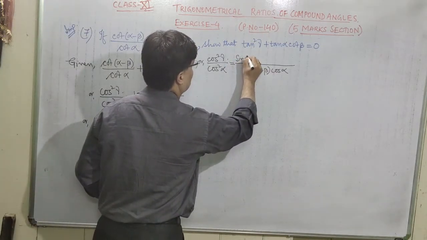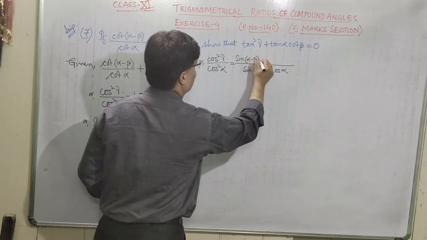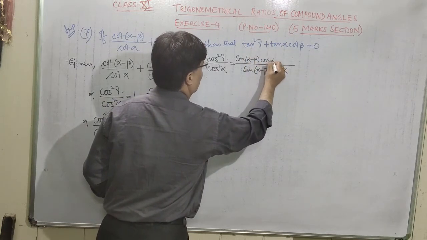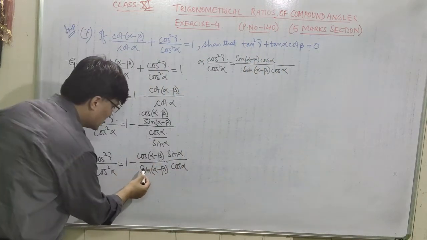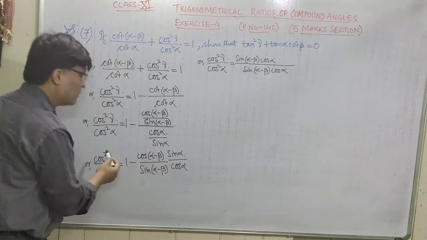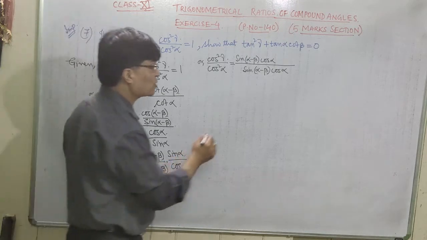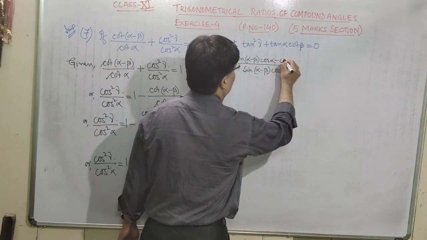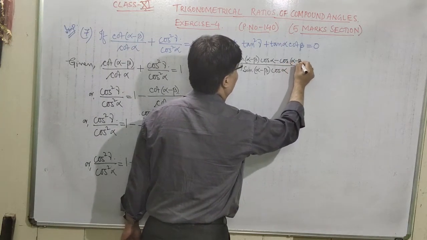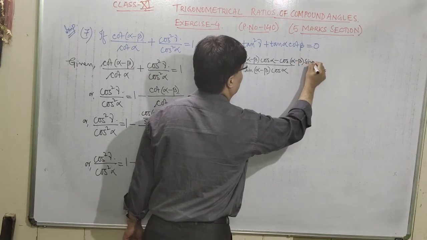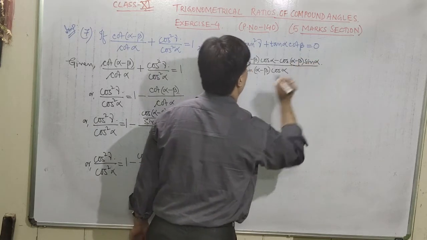It is sine of alpha minus beta into cos alpha multiplied by 1, that is sine of alpha minus beta into cos alpha minus cos of alpha minus beta into sine alpha.